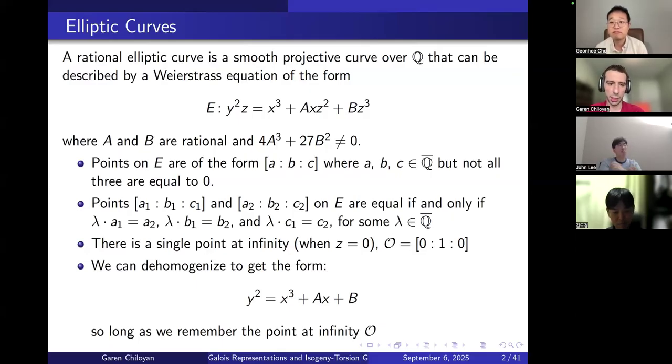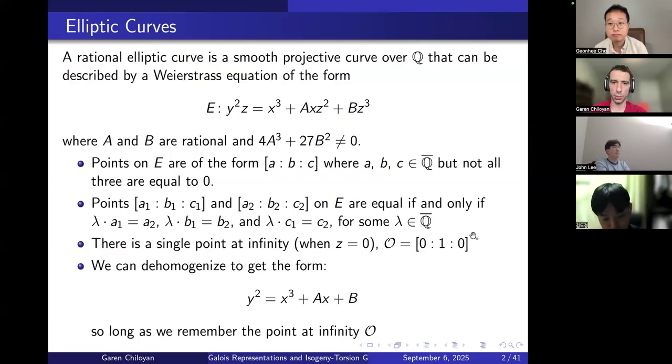So if there's a lambda that multiplies a1, b1, c1 to a2, b2, c2, then those two points that you started with are equal. That's what it means to be a projective curve. There's a single point at infinity on an elliptic curve, I mean, a point at infinity when z equals 0.